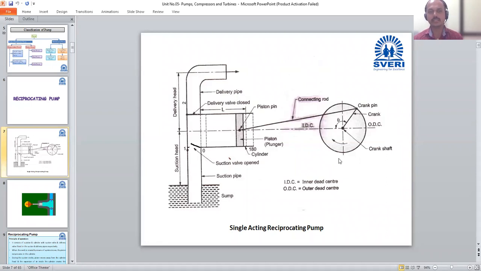Sectional view means you first understand. Suppose anyone knows sectional views?